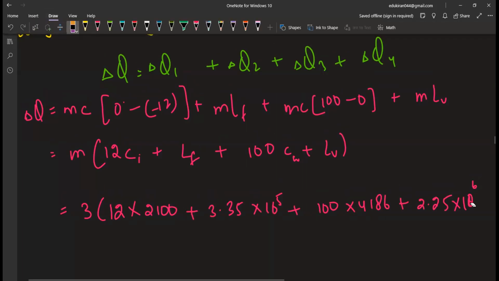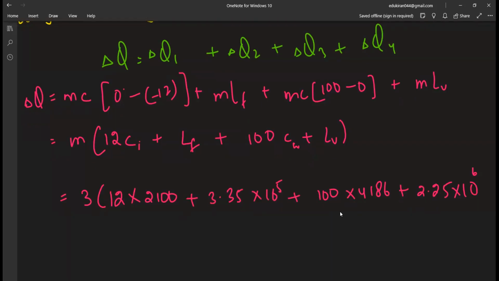Finally, you should solve all this. You will see the final answer will come around 9.08 into 10 to the power 6 joules.